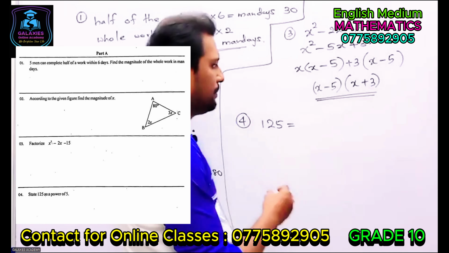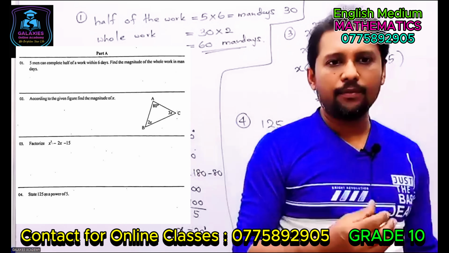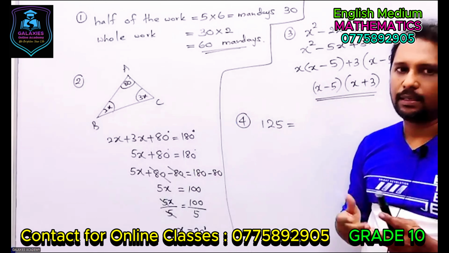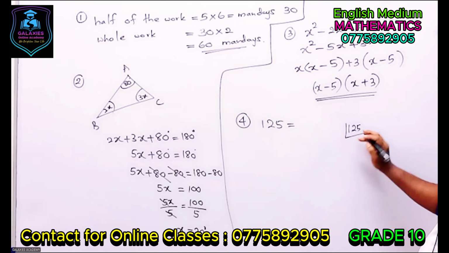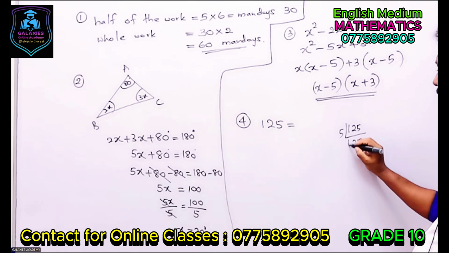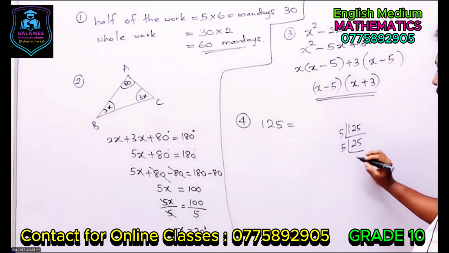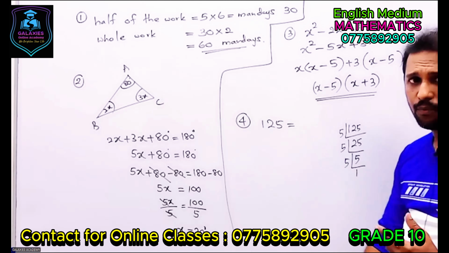This given number, you have to divide by 5 until receive 1. 125, we can divide by 5. Then the answer is 25. 25 again we can divide by 5. Answer is 5. 5 again we can divide by 5. The answer is 1.